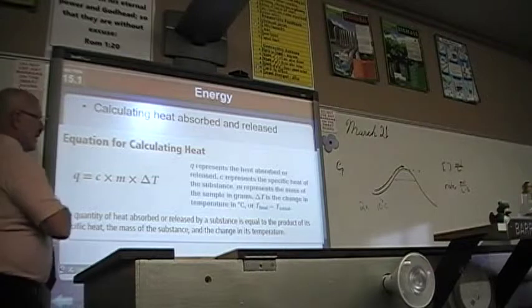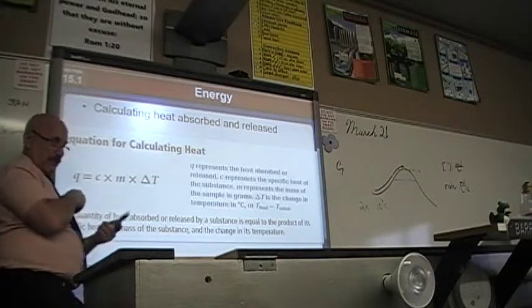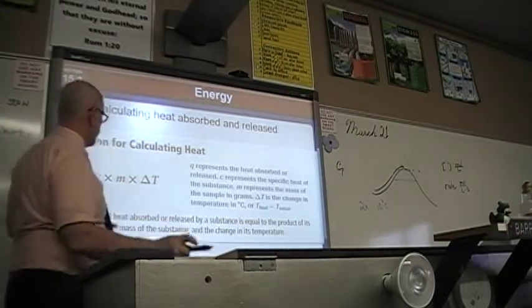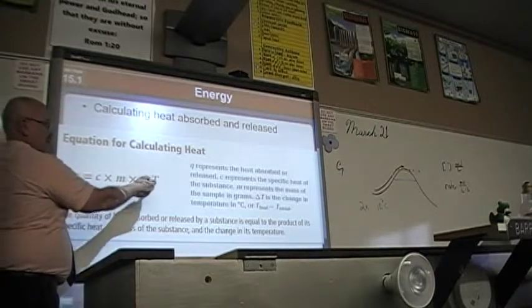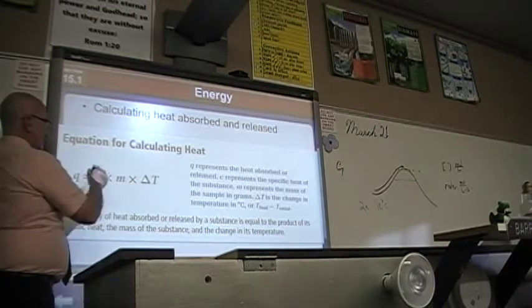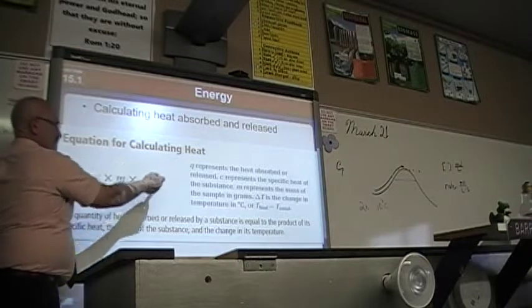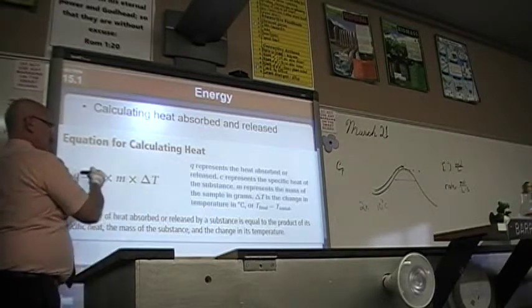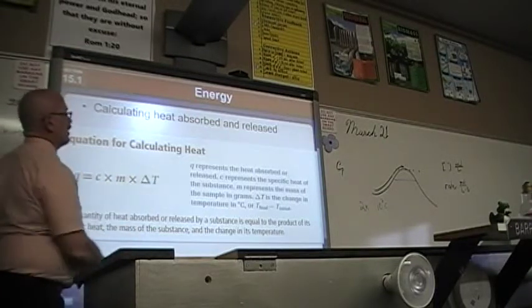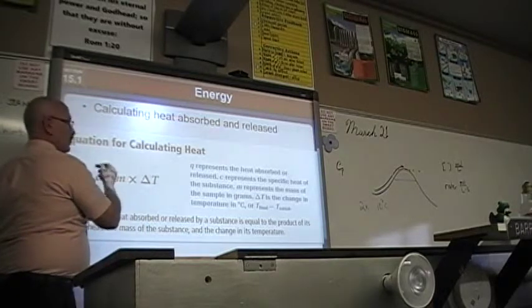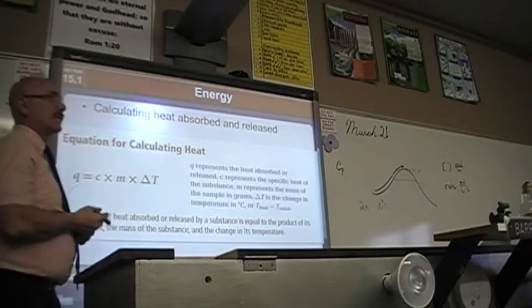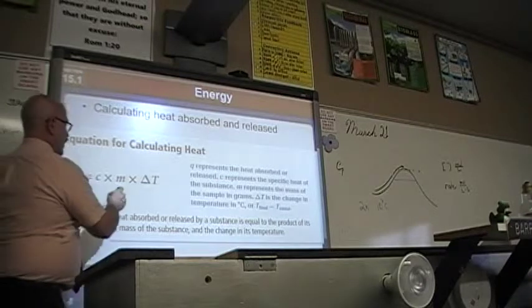So if I give you any 3 of these 4 variables, you can calculate. You can calculate Q if I give you C, M, and delta T. You can calculate C if I give you Q, M, and delta T. You can calculate M if I give you Q, C, and delta T. Or you can calculate delta T if I give you Q, C, and M. Make sense? So this is in grams.